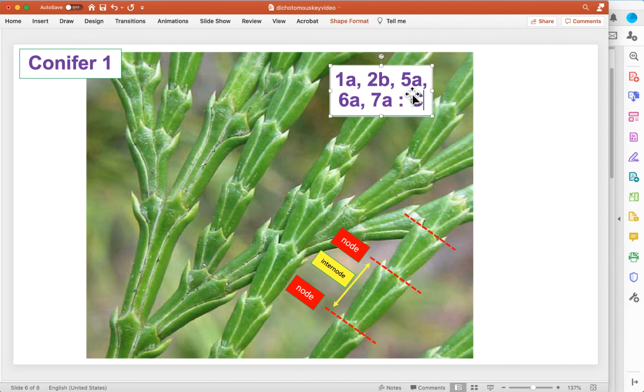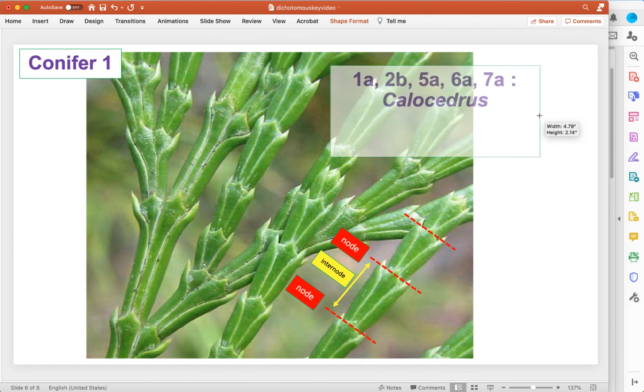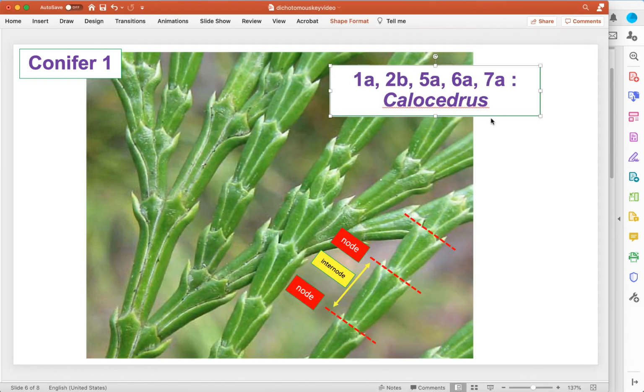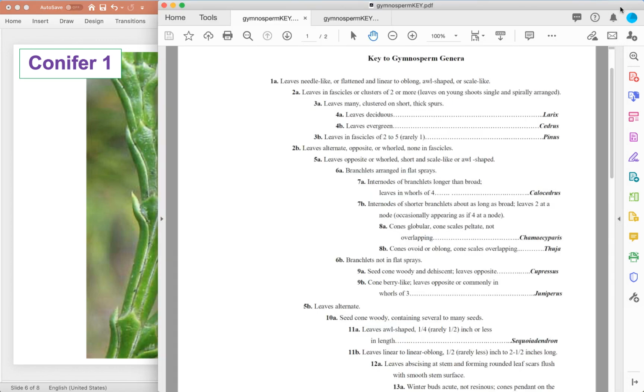And then we got to the genus. And it's always good to italicize the genus name. So that would be sort of your answer. But you're going to do this for other conifers. This was just me walking through an example of how to key out an unknown specimen.